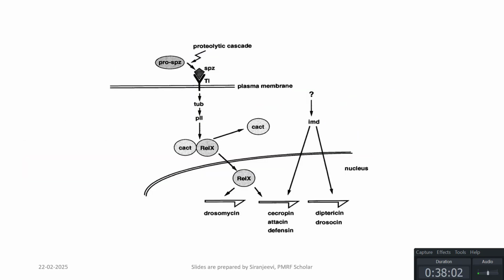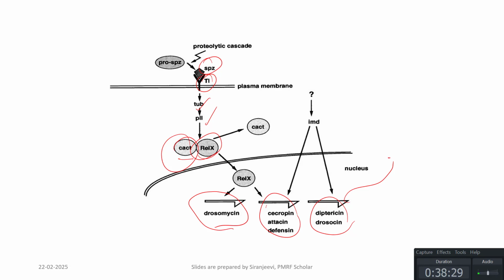Okay. So how they said there is some ligand that will bind to the Toll receptor. Then it activates certain things called Tube and Pelle, and then there is Cactus, and then the Rel complex. Then Relish will come inside. Then it starts synthesizing certain molecules called drosomycin, and then attacin, and then diptericin.